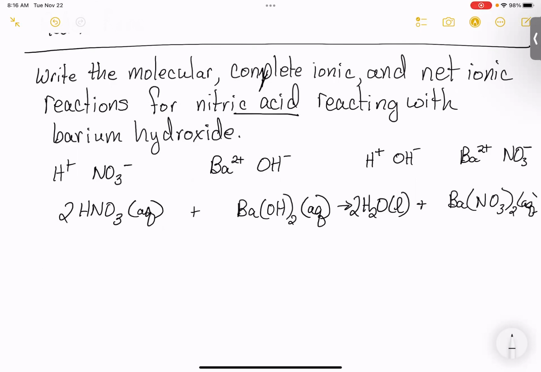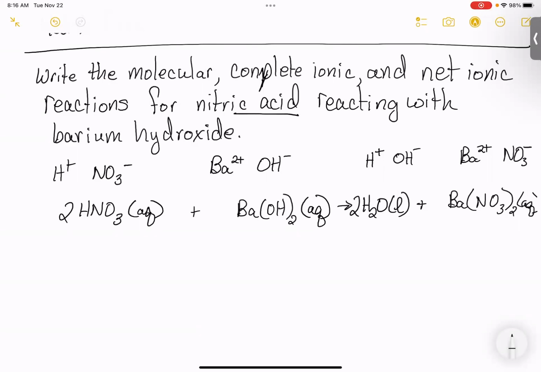Okay, so the next thing we're going to do is develop the complete ionic. How do I go from a molecular equation to a complete ionic? What's the key? Do I separate all aqueous compounds?